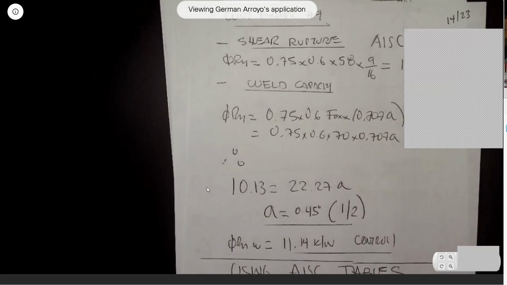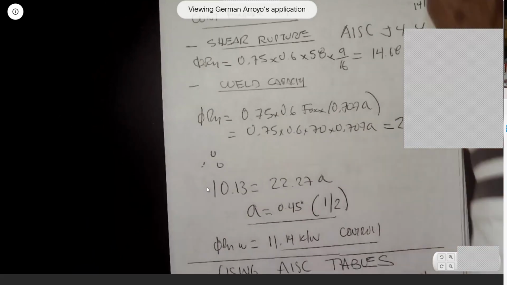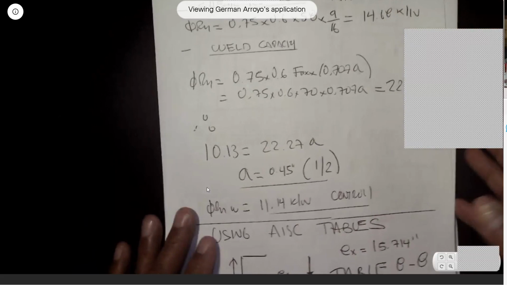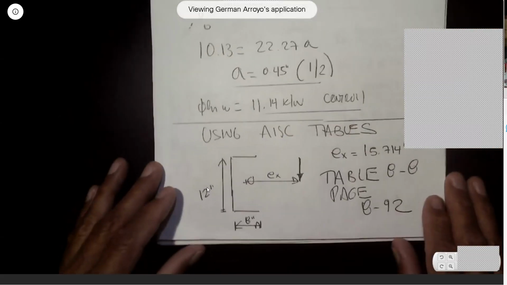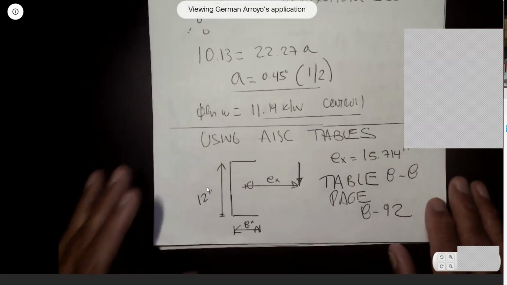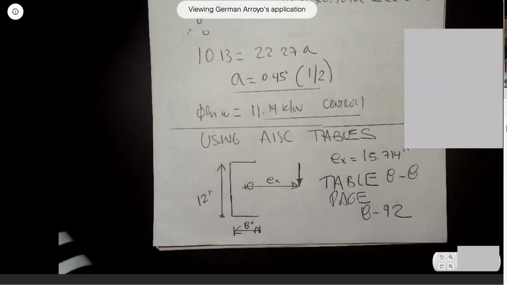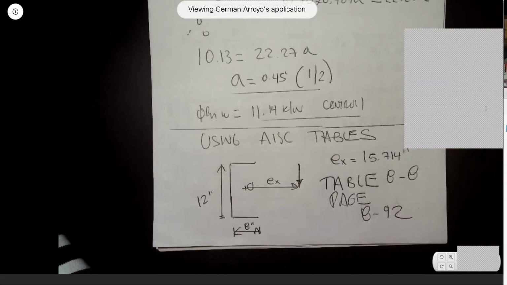Before I forget, there is a question. What would change if the longitudinal welds are of a different length? Well, the only thing that changes is that there's no symmetry anymore with the weld distribution, so we cannot use the table.